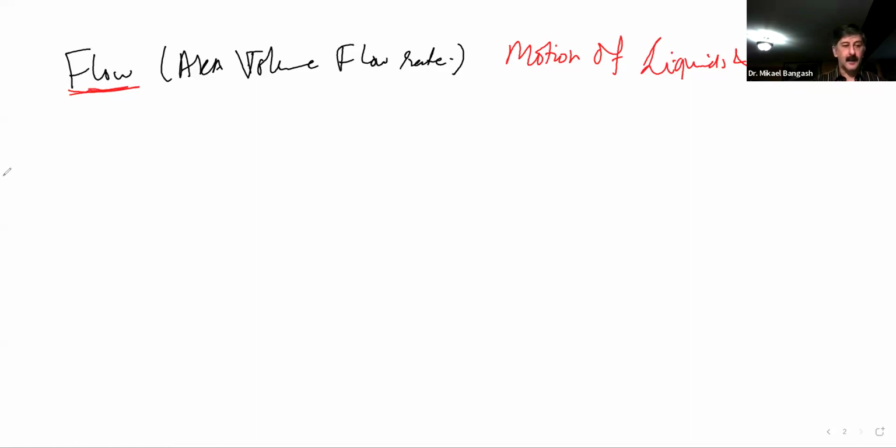Whereas when we talk about something which is solid, the movement of that solid is what we call motion. But when we talk about the movement or change in position of gas and liquids, that is going to be referred to as flow.